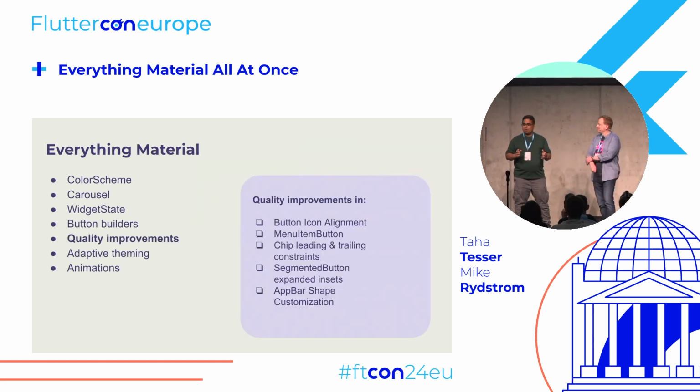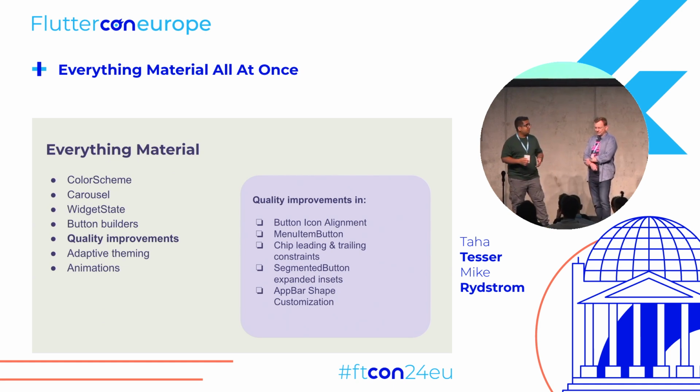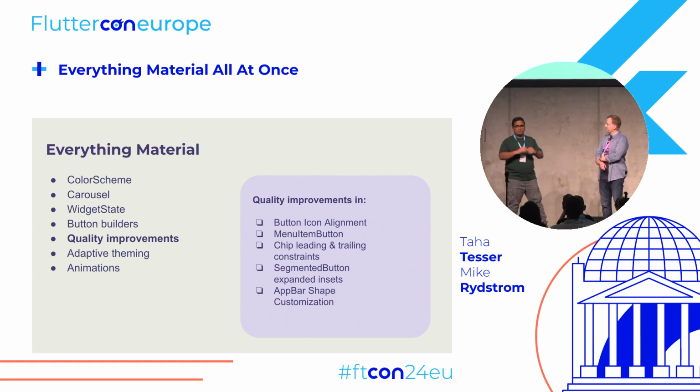I'm also going to talk about a whole bunch of improvements in the material library. We have some small improvements, like icon alignment, and an updated widget, expanded inset, which allows you to have a really long segmented button. I'm also going to talk about constraints in chip: when you're creating a very small layout or you have limited space, you can reduce the constraints on the leading and trailing on the chips.